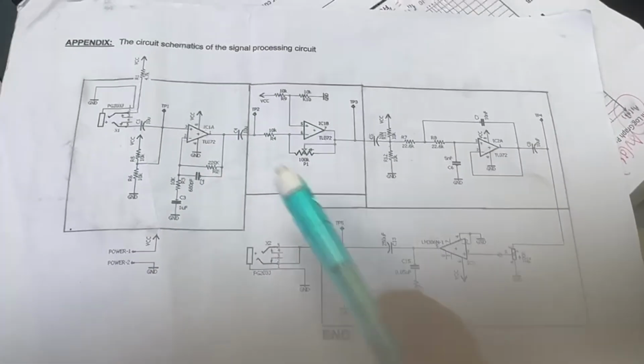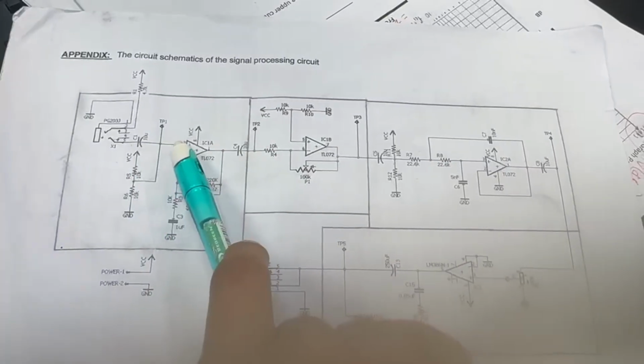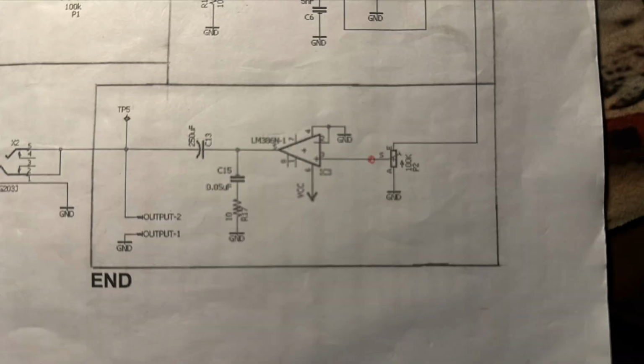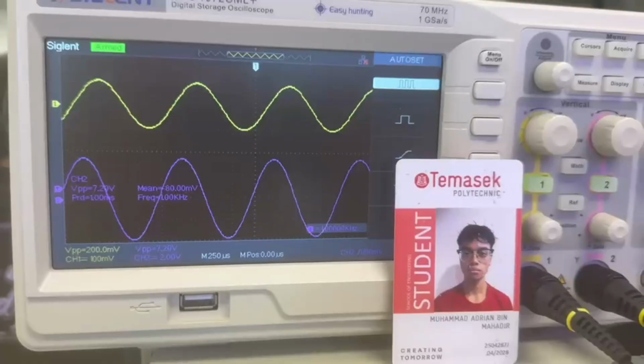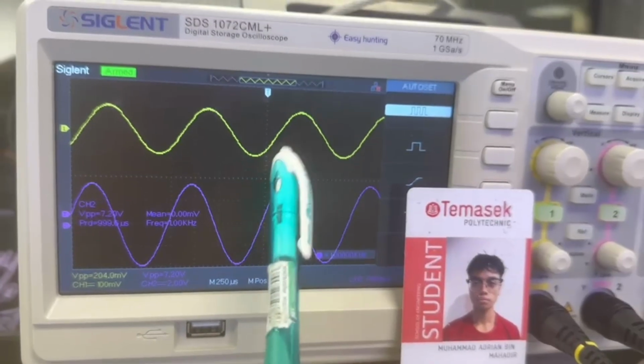Finally, for TP1 to TP5, comparing test point 1 with test point 5, the originally 200 millivolt input signal was amplified to approximately 7.2 volts. The output waveform was also inverted relative to the input because of the inverting amplifier. Initially, the output waveform was clipped because the amplifier gain was too high.